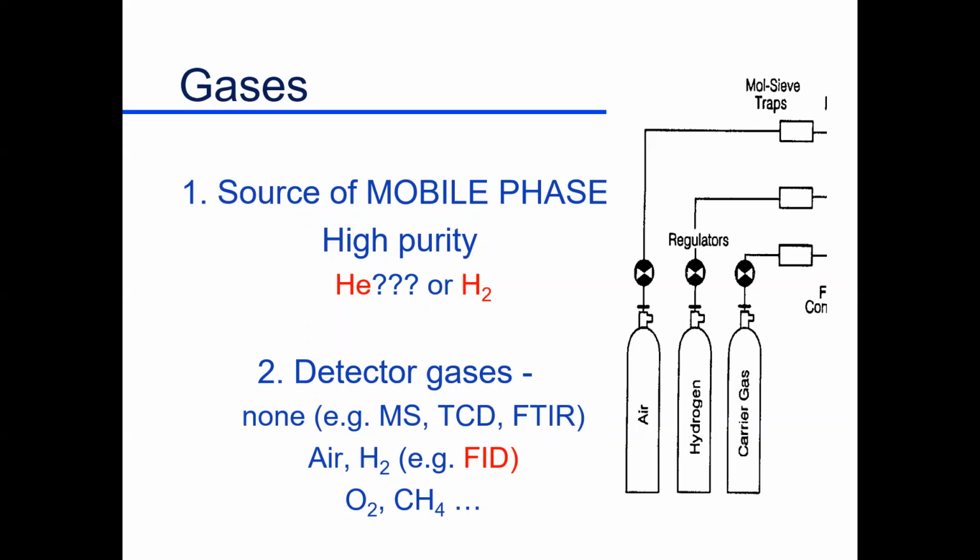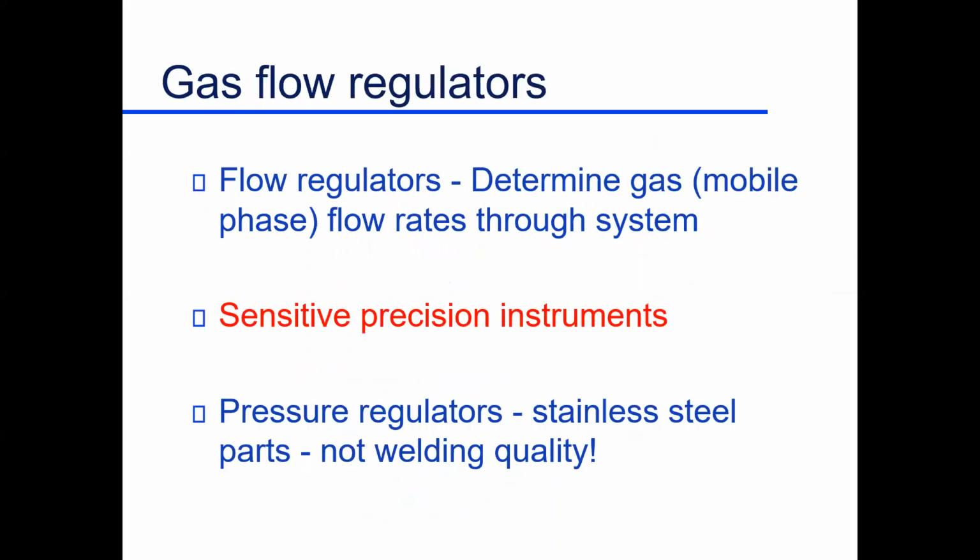Well, some of the other detectors that we'll go through, we can use other gases. But anyway, for our practical purposes, we get along basically with air and hydrogen as a carrier gas. So those are the cylinders we need connected to it, and for those reasons.